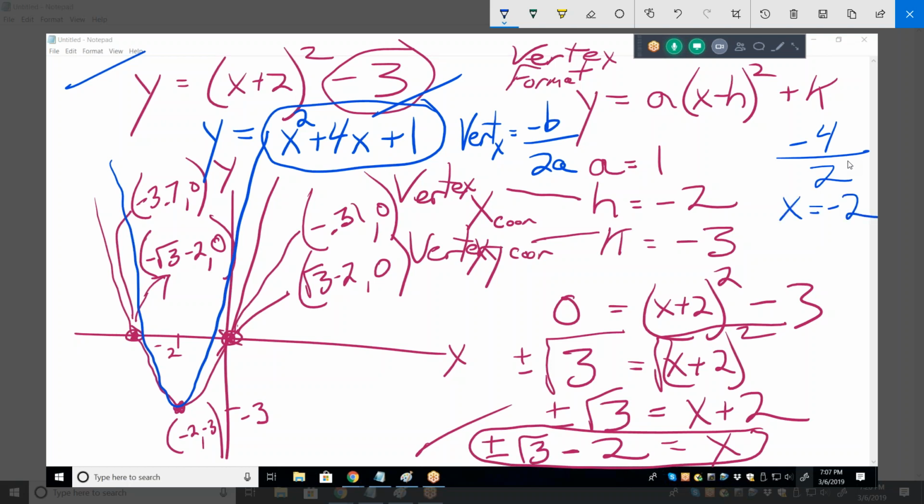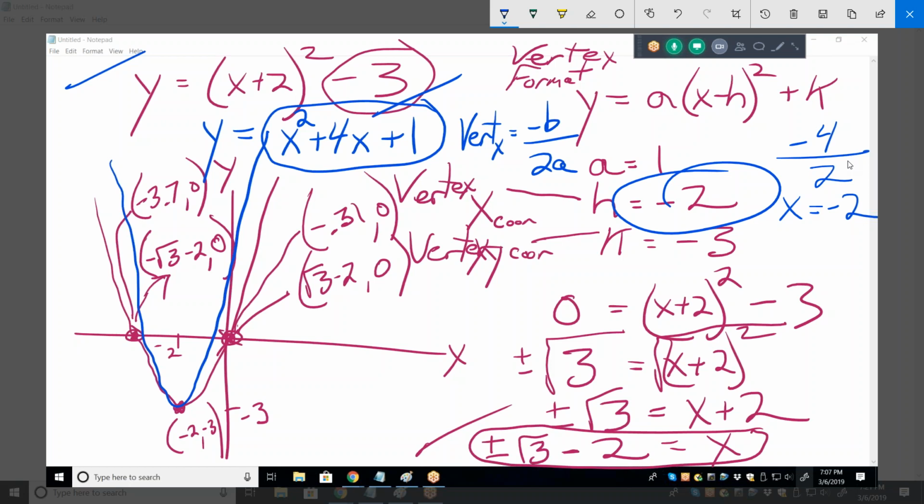Is that what I got first time? Yes. And now to figure out the y coordinate, you plug in minus 2 into that equation and you calculate what y is. So whether they give you the original quadratic in vertex format or standard format, you can always calculate the vertex, and that is always pretty much the first step.